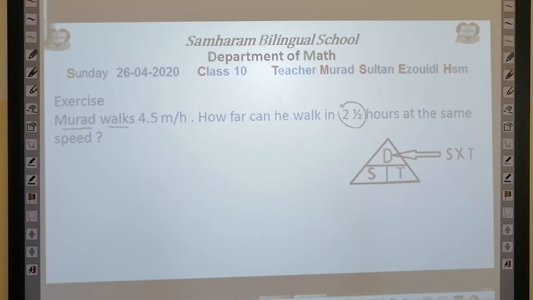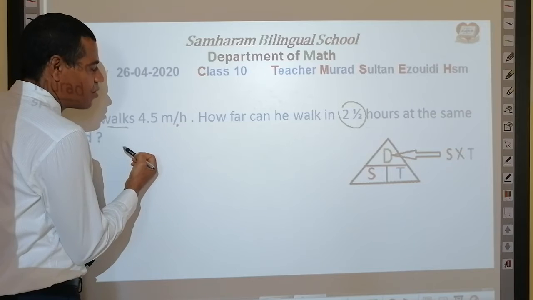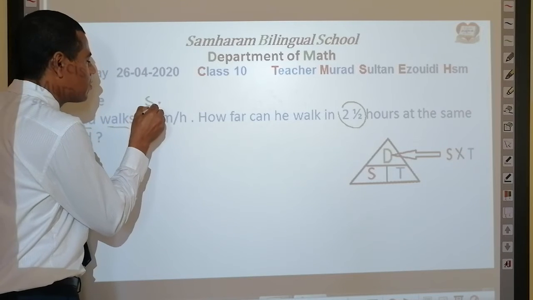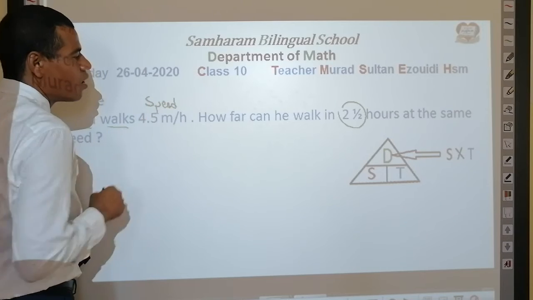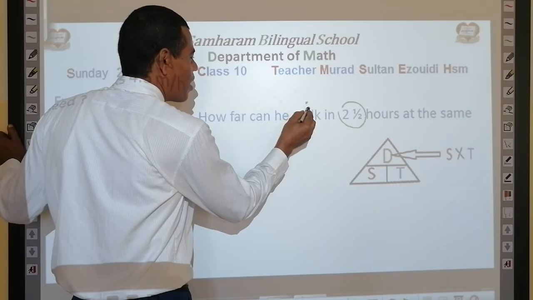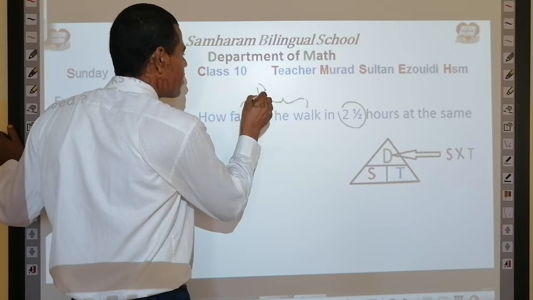So, Murad walks 4.5 meters per hour. This is the speed. How far can he walk? How far means we are going to work out the distance.